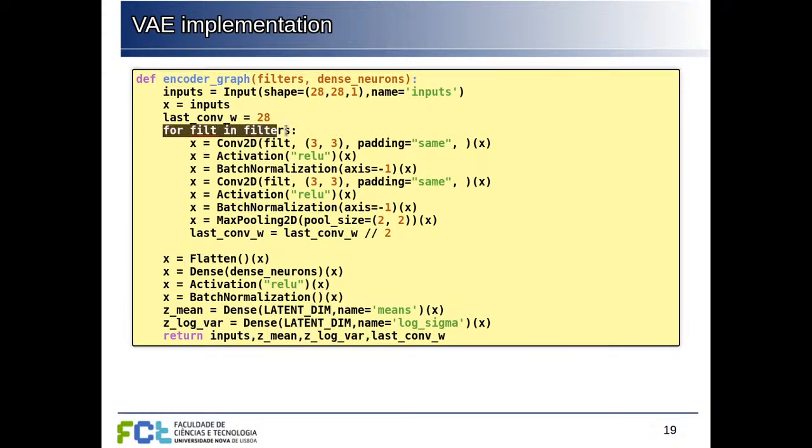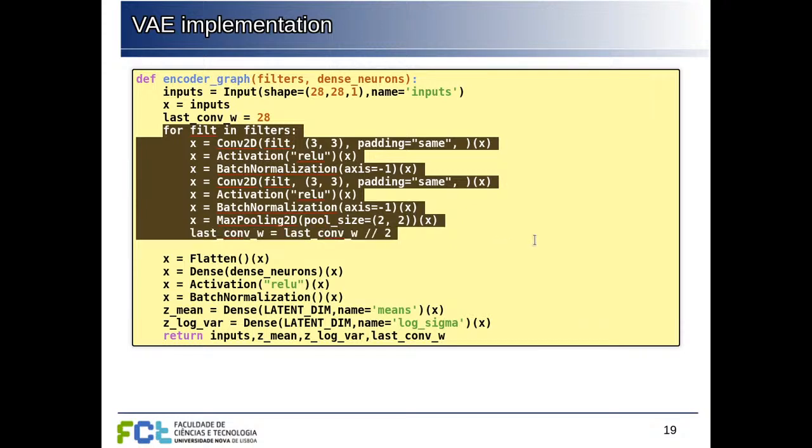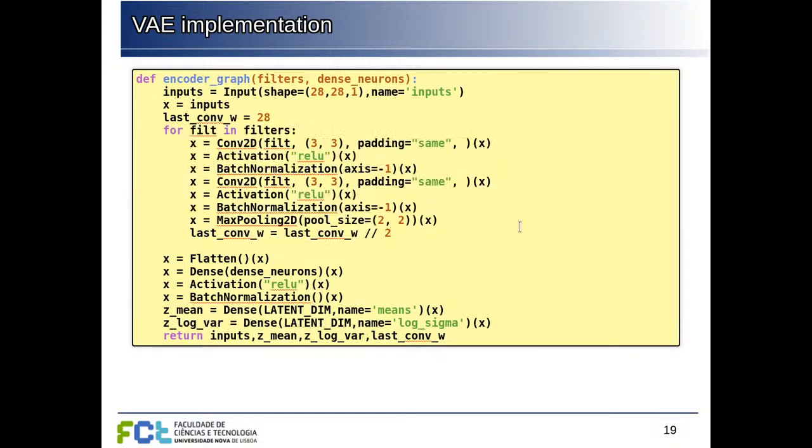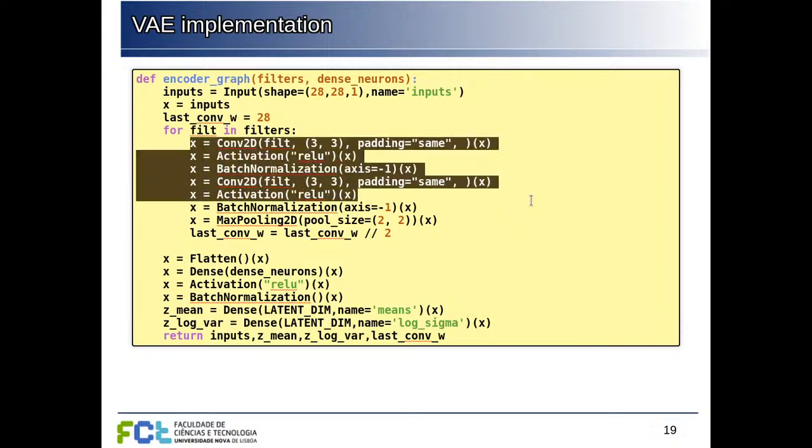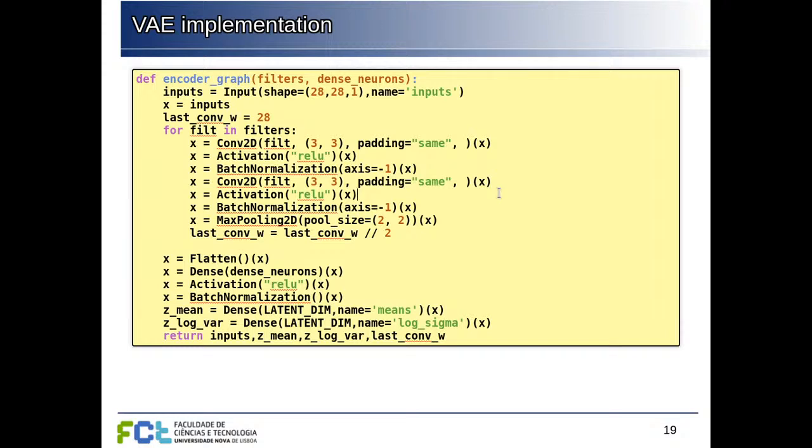And now for each of those number of filters, we're going to create a block of convolutions that in this case I put 2 convolutions so that we have effectively a 5 by 5 convolution, but we are decomposing it into a stack of 2 3 by 3 convolutions.